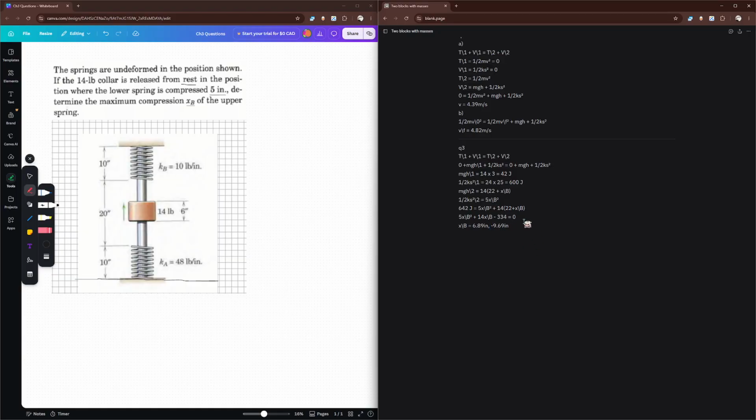And well, we know it's not negative because it's going up this way. So we disregard the negative and we get our final answer that xb is equal to 6.89 inches. So those are all the questions for this chapter that I have.